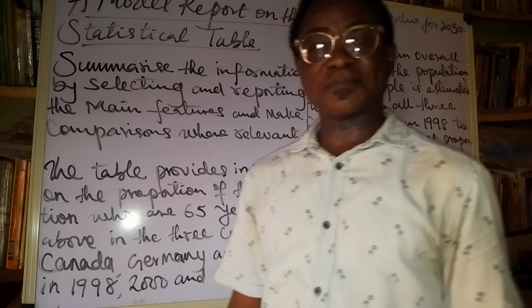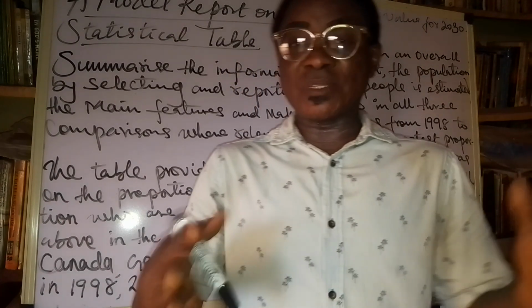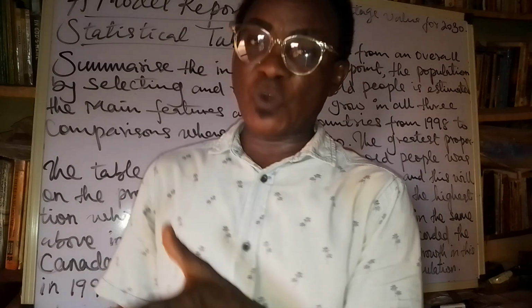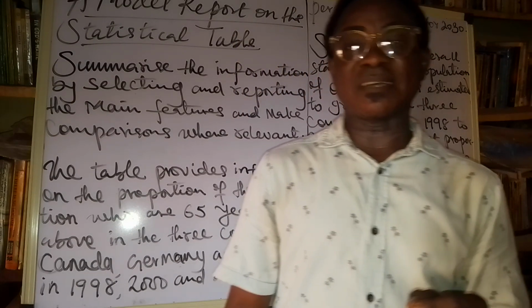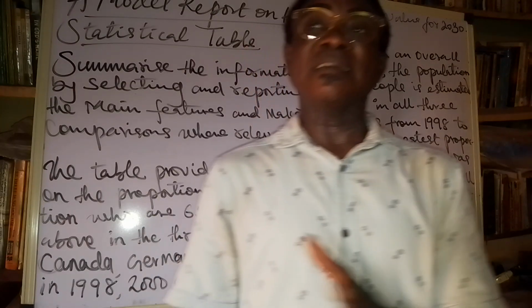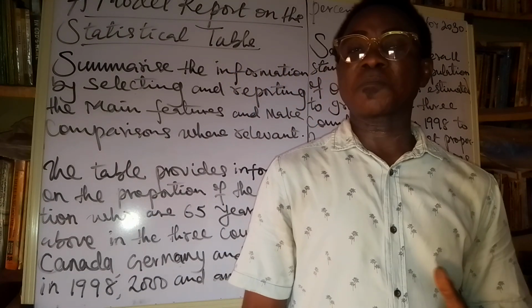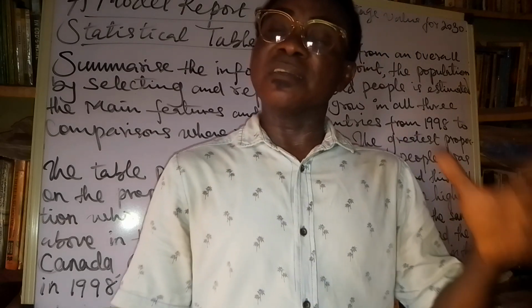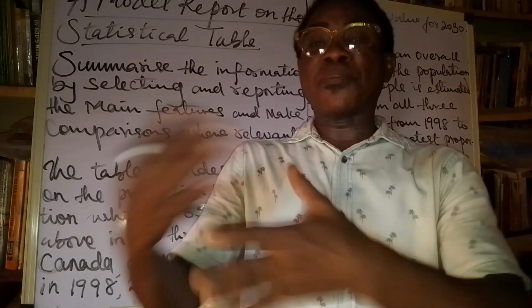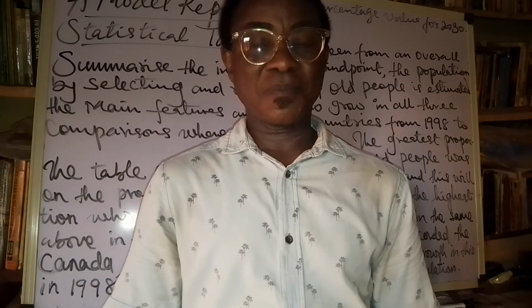For instance, the economic model we are analyzing, a statistical table, is on a percentage growth of the population of citizens aged 65 and above in 3 countries, Canada, Germany, and the UK, over the period 1998 to the year 2000, with a predicted value for the year 2030.